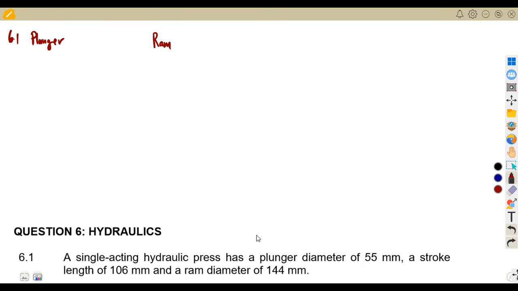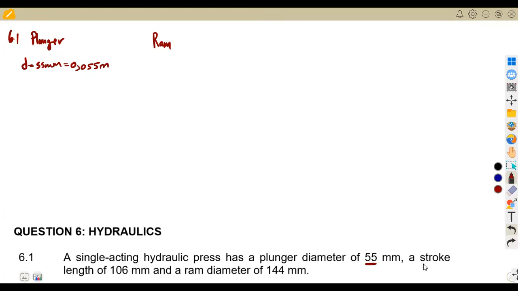All right, so we are given that the plunger diameter is 55 millimeters. I'm going to use the small d for the diameter, which is 55 millimeters. If we convert this to meters, we divide by 1,000, so that will be 0.055 meters.